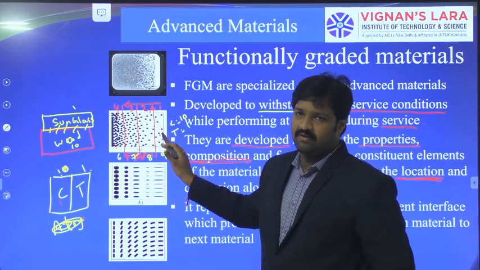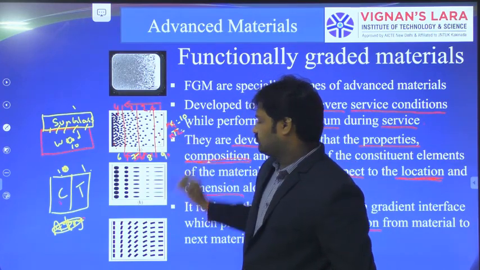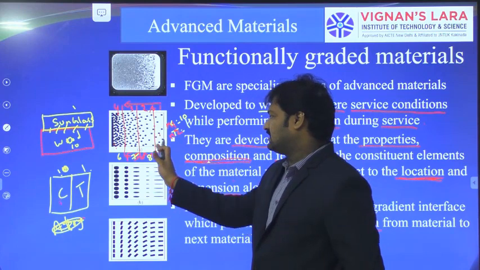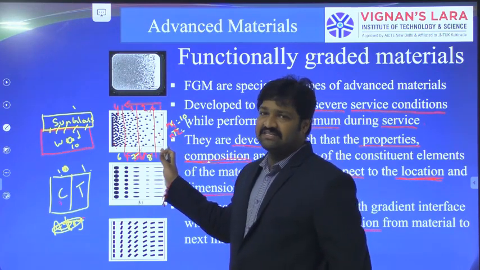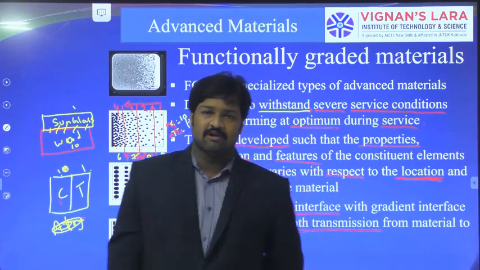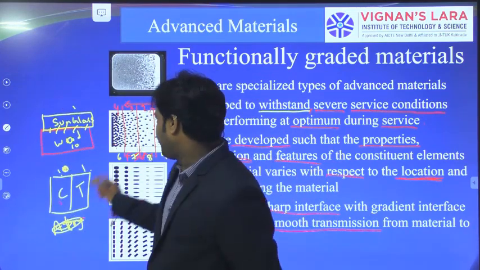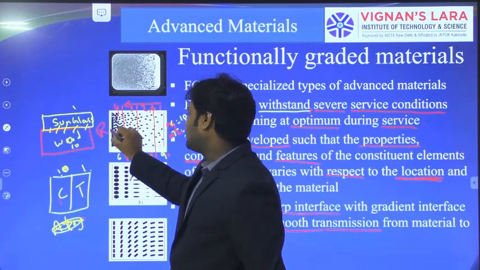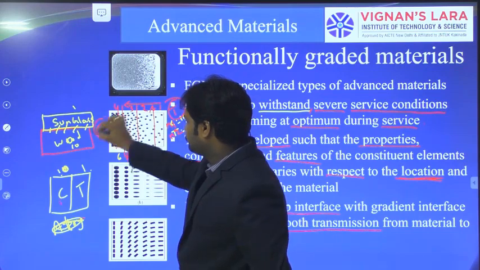So our material 1 and material 2, due to variation in composition, gradually the interface is gradual, so that the component will not be delaminated and it gives two performances. On one side it may have high refractoriness, and on the other side high toughness.